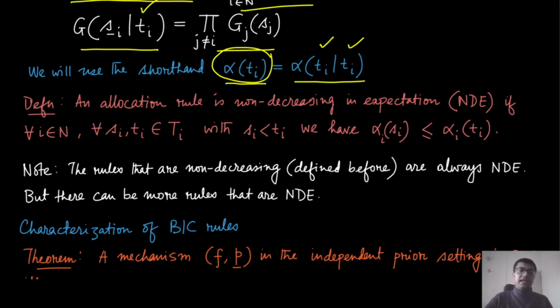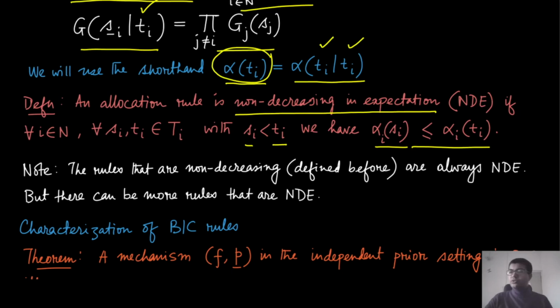Now the analog of the non-decreasing property in the context of Myerson's result that we discussed before, we can define the allocation rule to be non-decreasing in expectation, or NDE for short, if we have this property that these alpha_i(s_i) are non-decreasing in their arguments. So if s_i is smaller than t_i, then this inequality should hold. That is, your expected allocation probability will not decrease if your valuation is increasing.